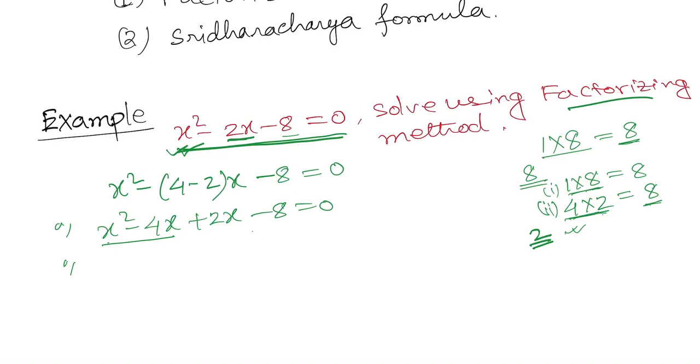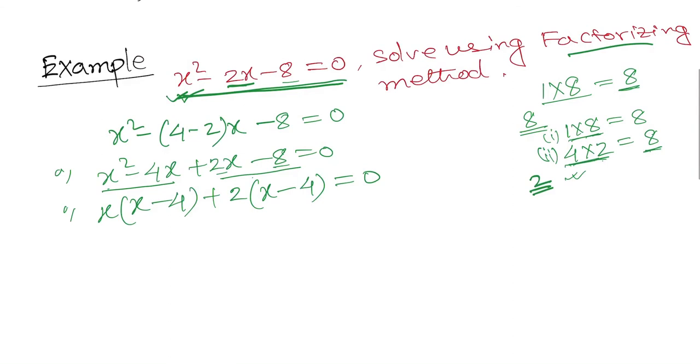So I will take x common from both terms. The first term is x and the second term is 4. Similarly, 2 is common from both terms, so we take 2 common. The first term will be x and the second term is 4, equals 0.